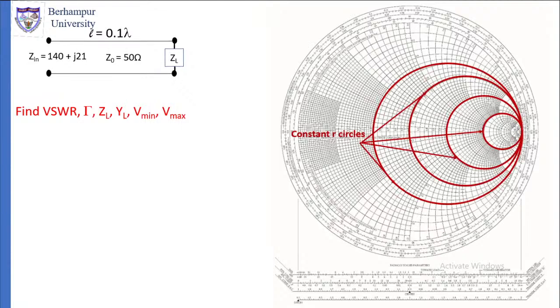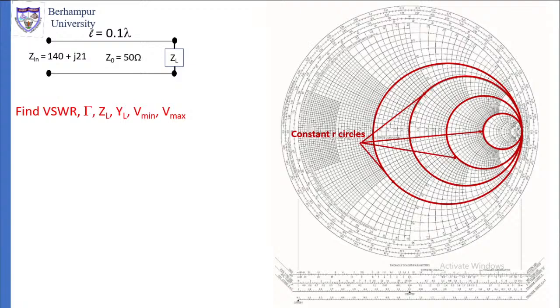Now, let us see what we have to know. To do this, look at the Smith chart carefully. You will see that there are complete circles. Each complete circle is called a constant R circle. So these red circles that you see on the Smith chart, there will be many such circles.